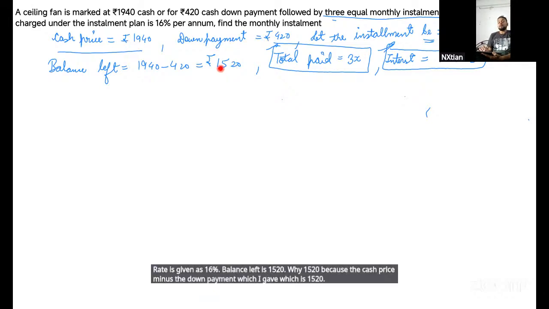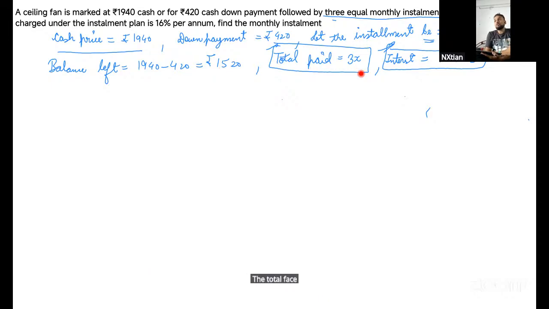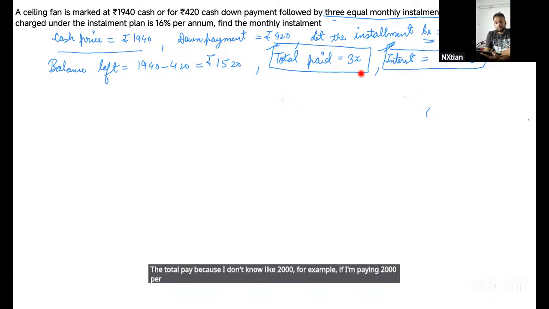Now the total paid. For example, if I'm paying 2000 per month, how much amount will I pay after 3 months?